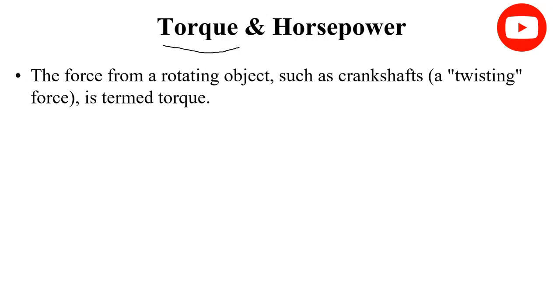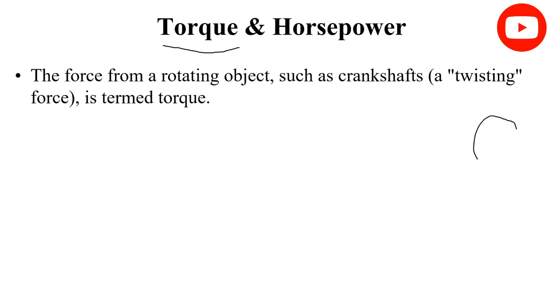All right. So I guess I can cover one or two more slides before we finish this lecture. So torque and horsepower. I'm sure you have heard the word torque, but do you remember what it is? Torque is the force from a rotating object.